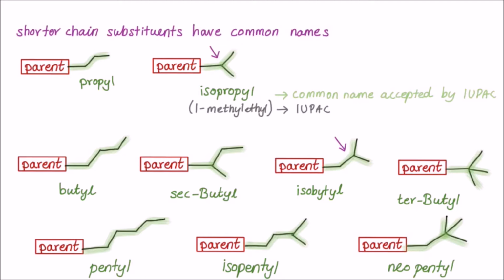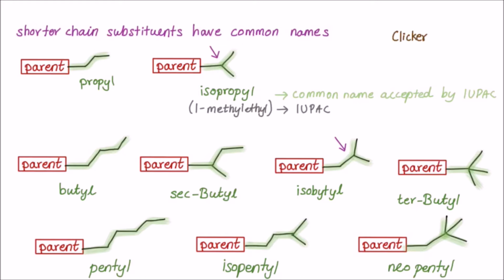Okay, and the last one is called neopentyl. Okay, 3 methyl groups attached to a terminal carbon, and the total number of carbon atoms are 5. And the name of that substituent is neopentyl. You got to memorize this. Yeah, these are common names, and there is no system, there are no steps to follow. So you got to memorize these simple names of the substituents, right?